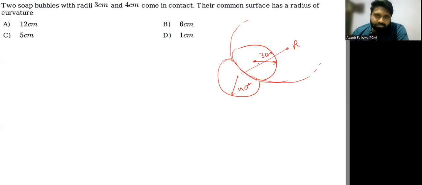We know that a soap bubble has two layers, or two surfaces, so the excess pressure, let's say this is 1 and this is 2. Excess pressure in 1, P1, is nothing but 4T by R1.